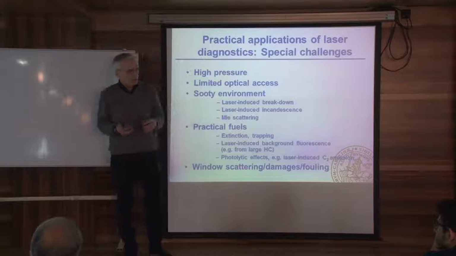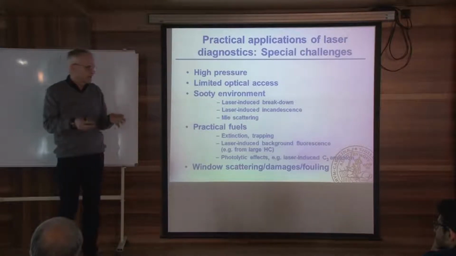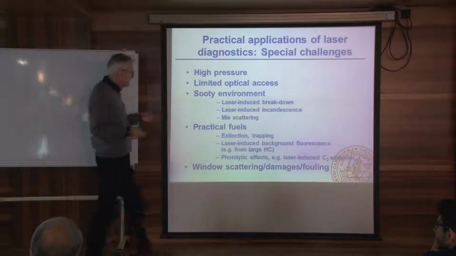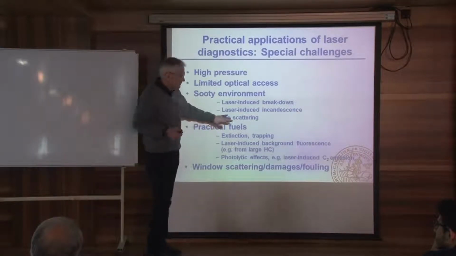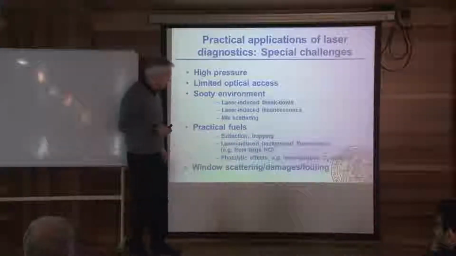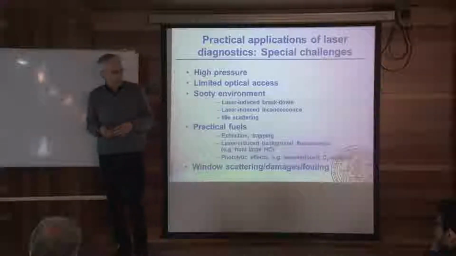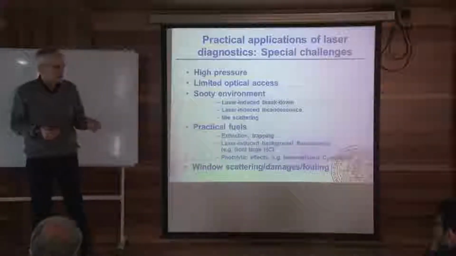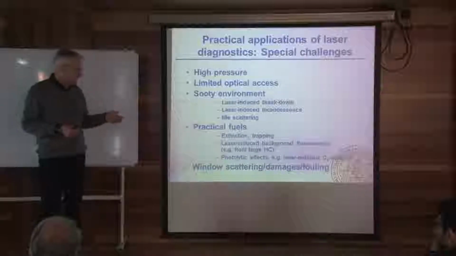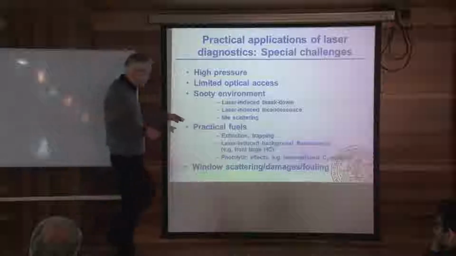If we have a lot of particles, we have Mie scattering from particles, which gives rise to a huge signal. And even though we might have good gated detectors and filters, this might kill the signal if we have a lot of particles. And then if we have practical fuel, with practical fuels I mean diesel, gasoline, kerosene, then we might also have problems.